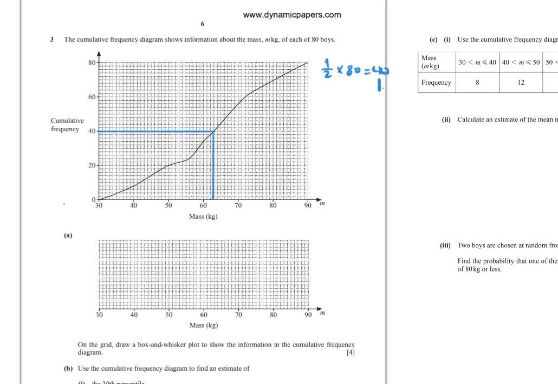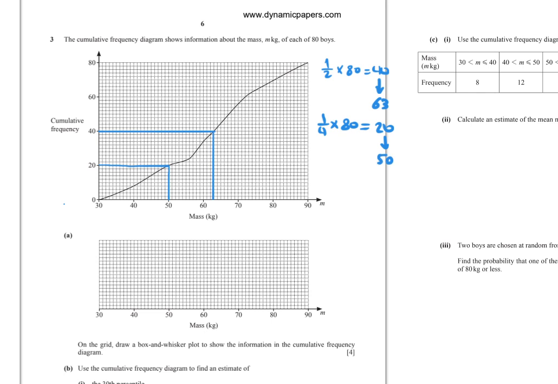So the median 63. By the same way, we can find the lower quartile. 1/4 times 80 equals 20. Now from 20, draw horizontal line till you reach the curve. Then go down, so 50. So lower quartile, 50.